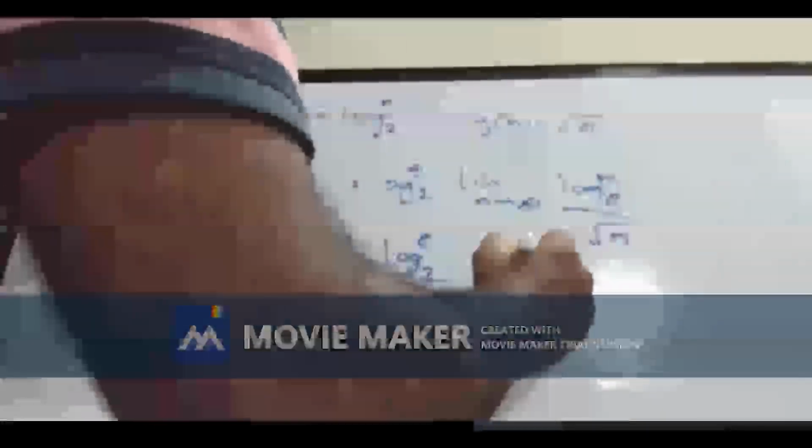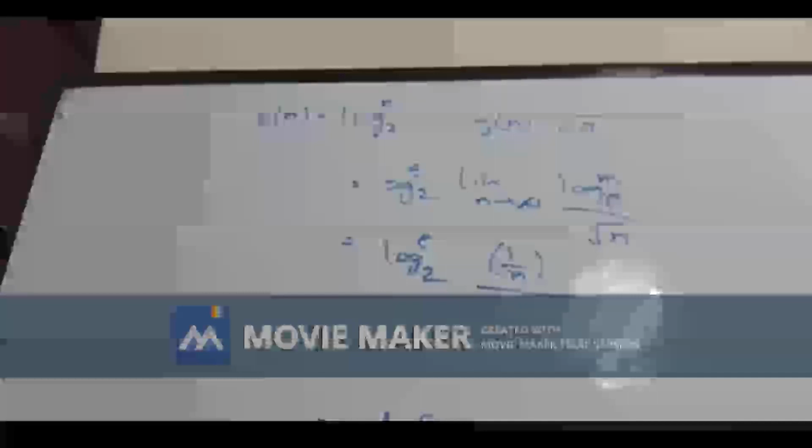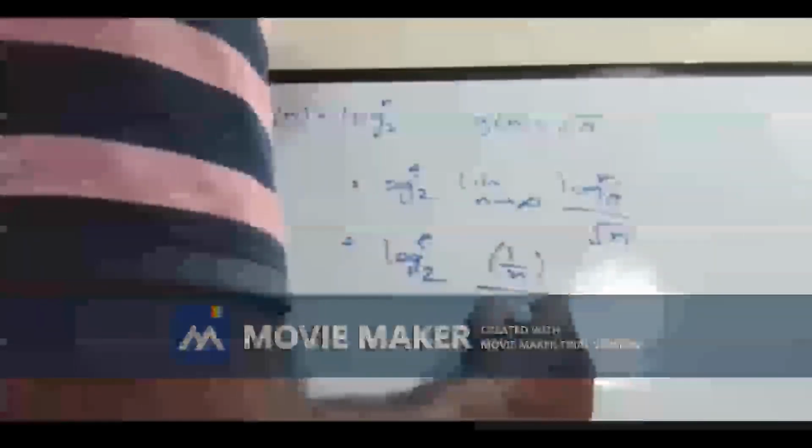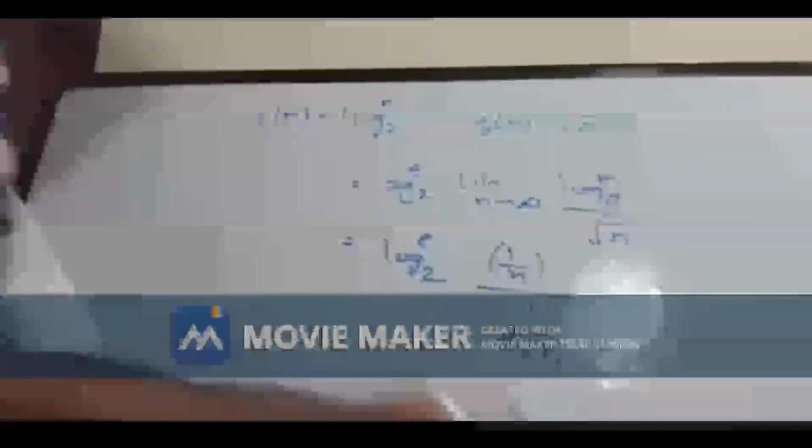What is the derivative of log n? It is 1 by n, divided by, what is the derivative of square root of n? It's 1 divided by 2 into square root of n. That's all. Simplified.